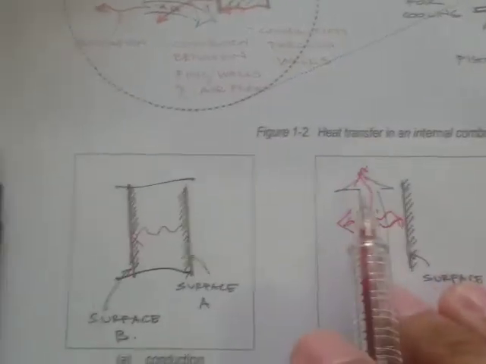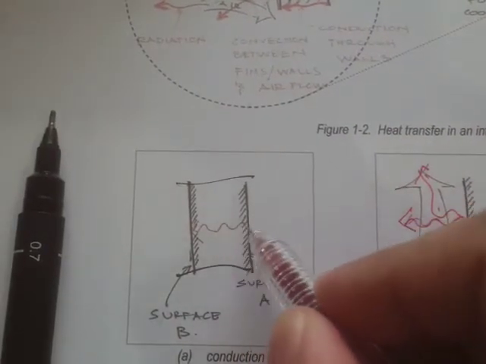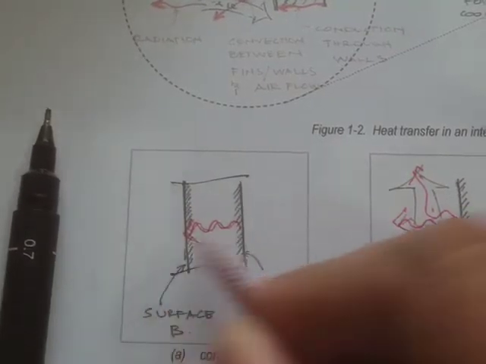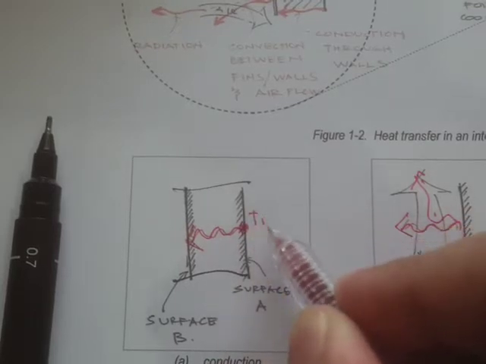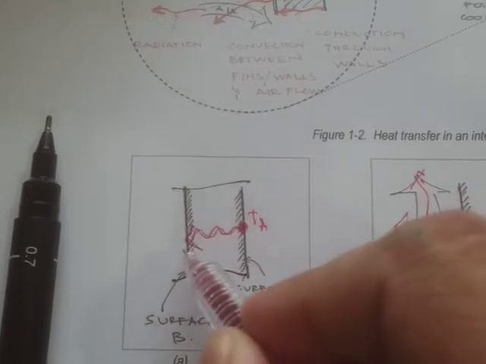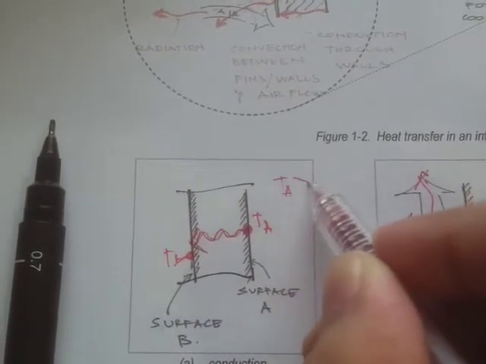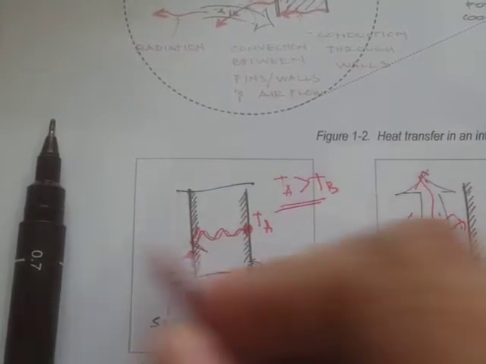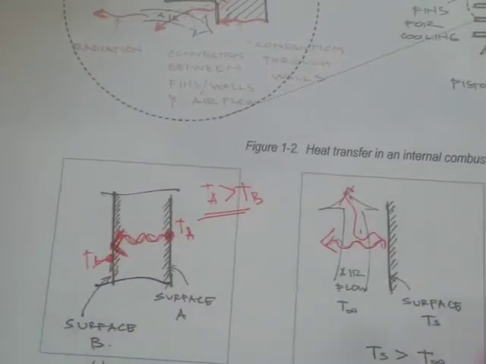Going back, before I forget, this direction is simply because if this is the direction of heat, then this surface is T sub A and this is T sub B. So we can see that T sub A is greater than T sub B, and that's the direction of heat.